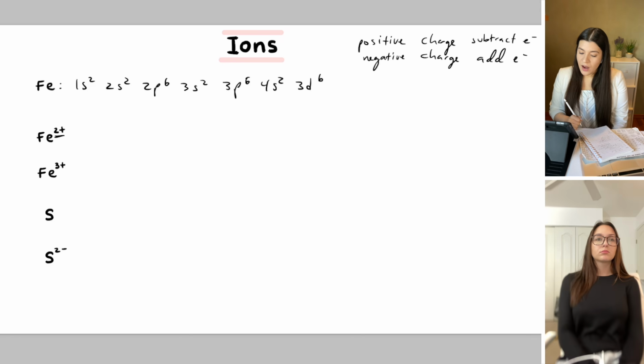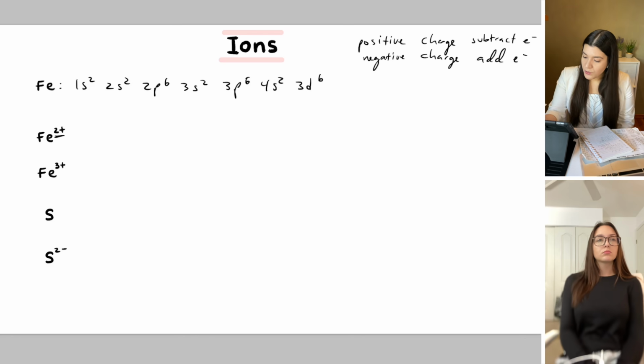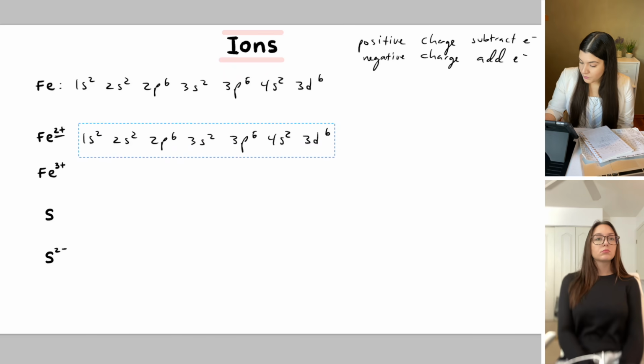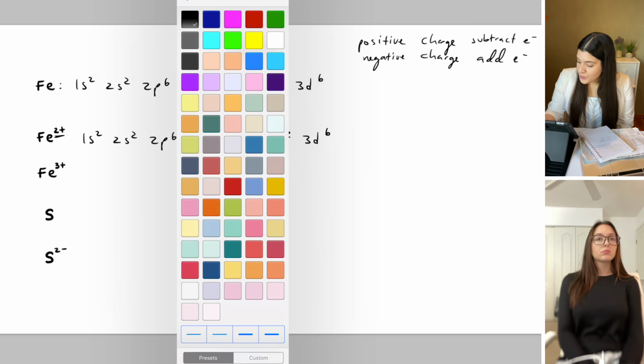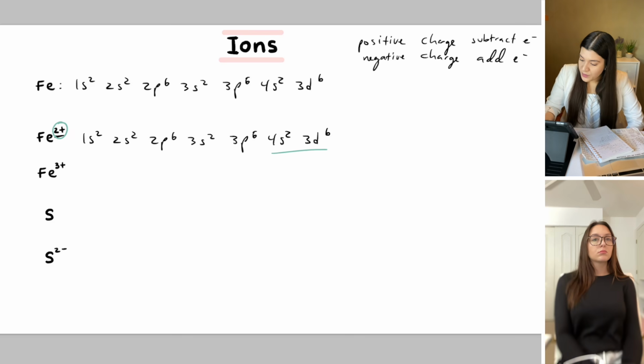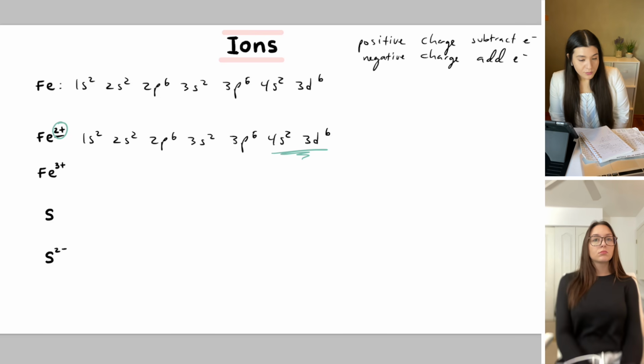So for iron, if I were to rewrite everything here again, we're removing 2 electrons. The place we want to remove them from is always going to be towards the end. This is really important to know.